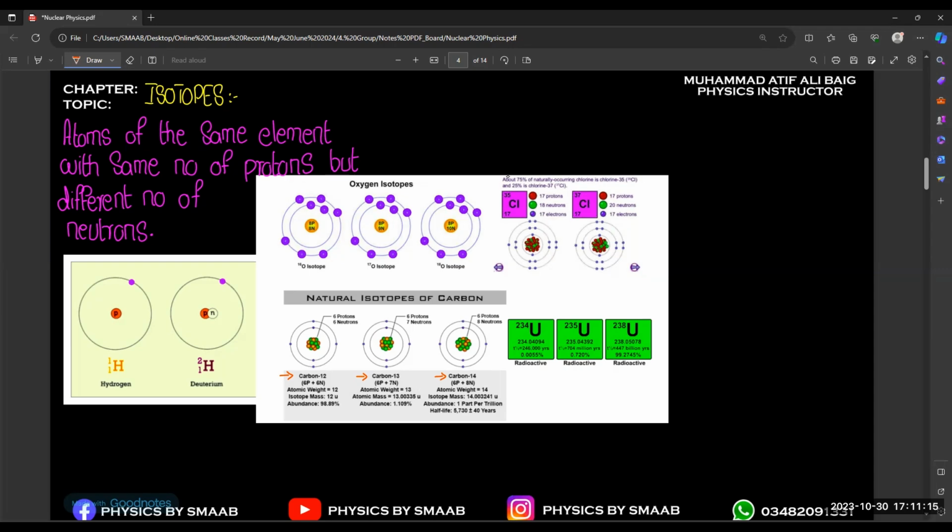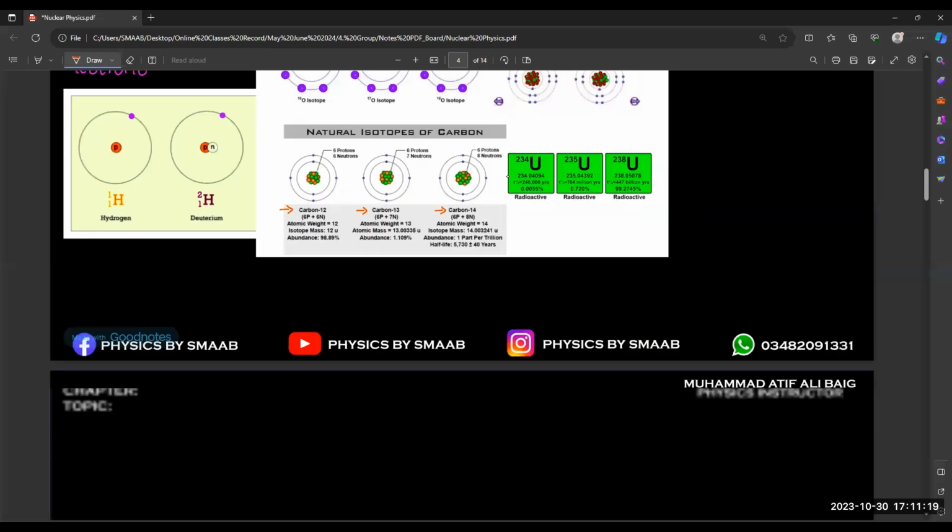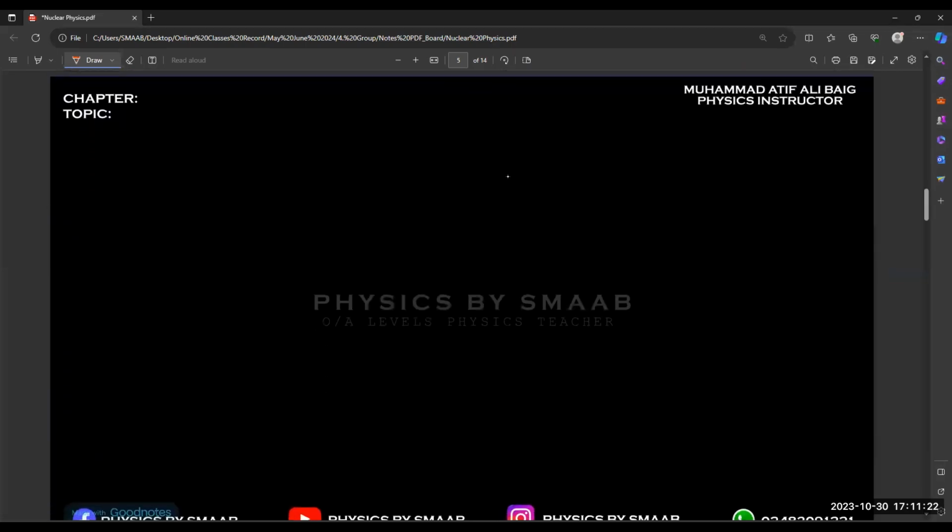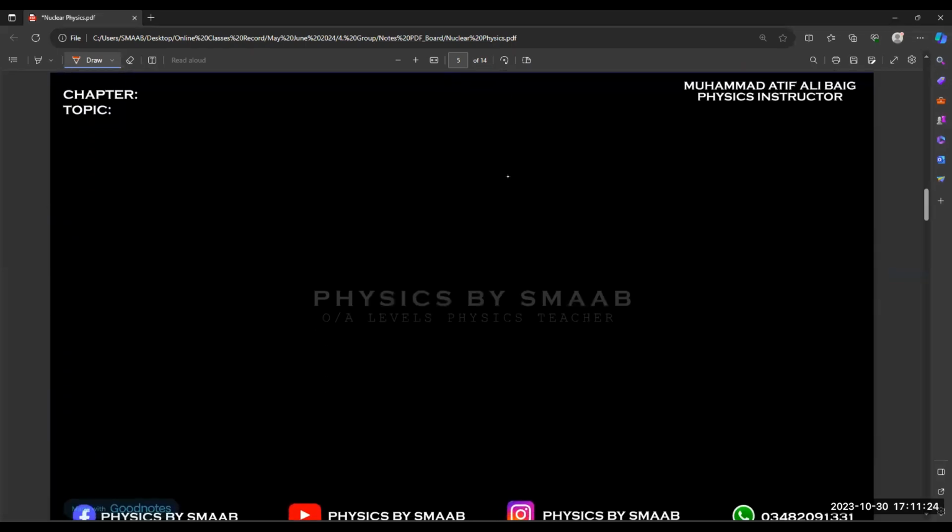And the next topic of this chapter is very, very important, because that is the most important section from nuclear physics, and that is the most interesting part of it. That topic is radioactivity. Basically, the concept of radioactivity is related to radioactive radiations, right?